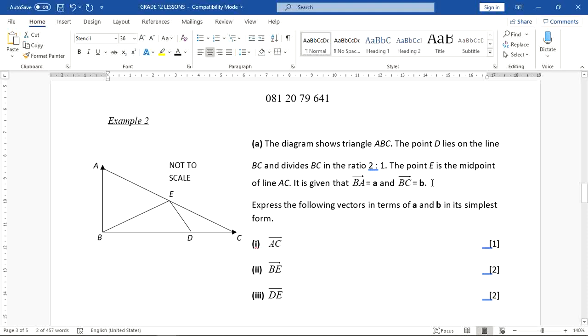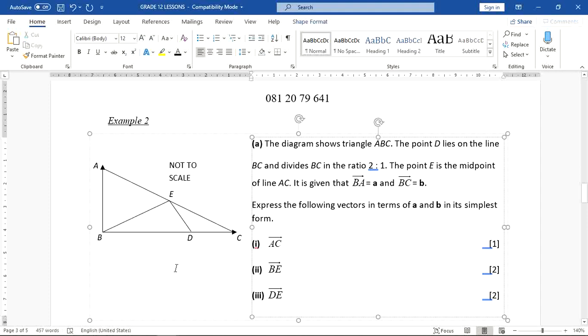So maybe we need to write that one down because we might need it. Let's write it down here.